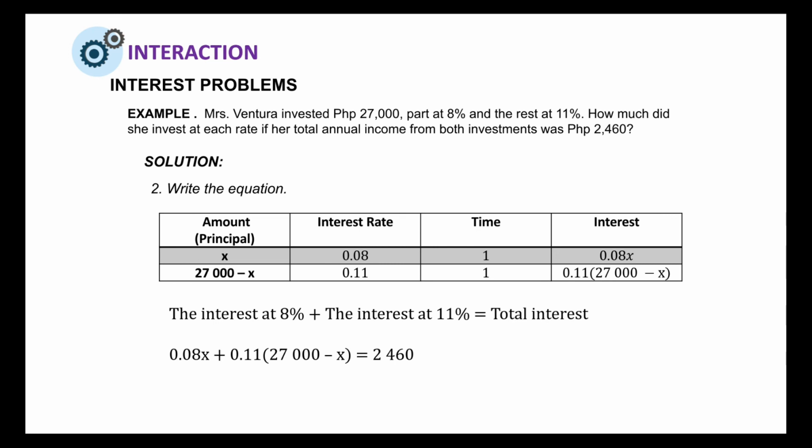The interest at 8% plus the interest at 11% should be equal to the total interest. What's the total interest? It's 2,460. So the equation is 0.08x plus 0.11 times the quantity 27,000 minus x is equal to 2,460.